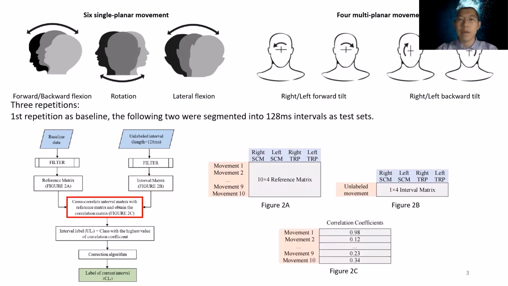Then to classify each unlabeled interval, we cross-correlated this interval matrix with the reference matrix, which gives us 10 correlation coefficients corresponding to 10 movements. The interval label was set to the class with the highest correlation coefficient. Furthermore, we have a correction algorithm following after to boost the accuracy.